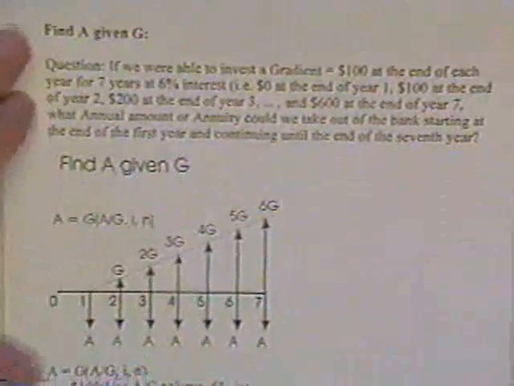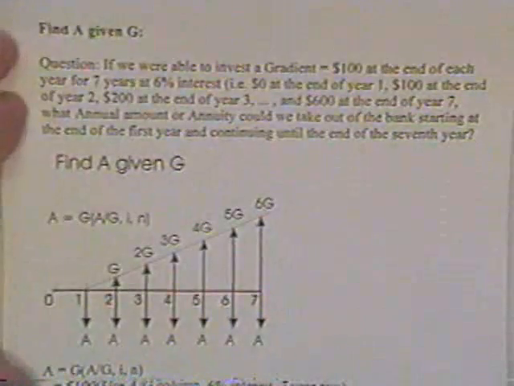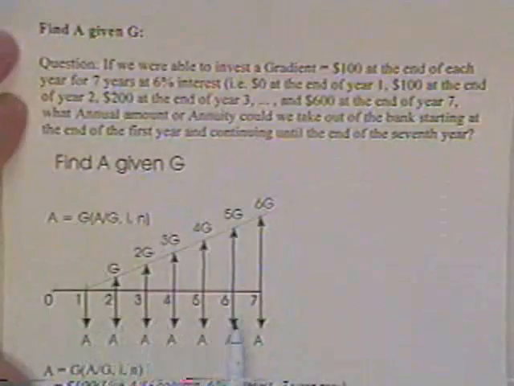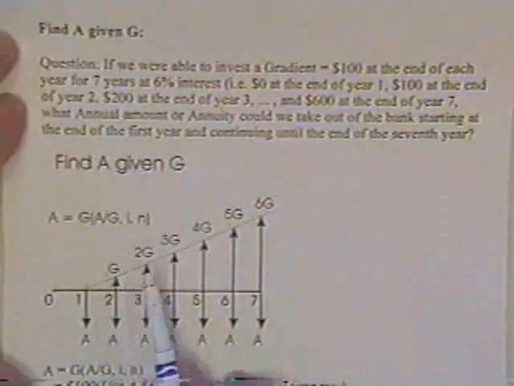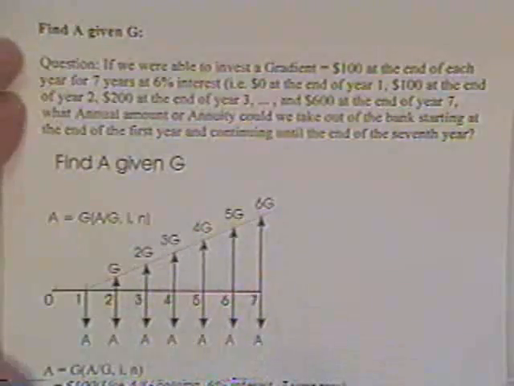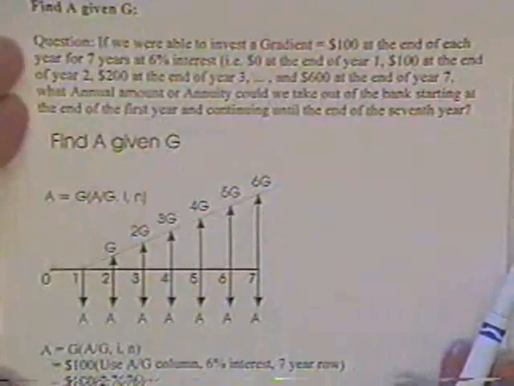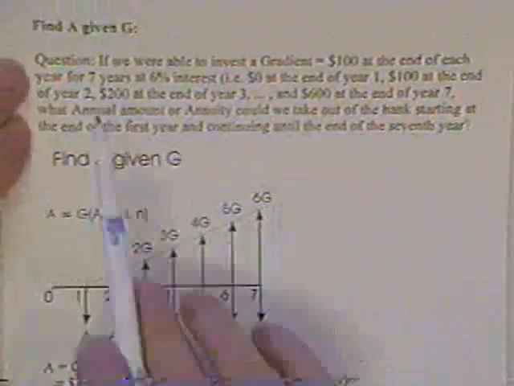All right. Find A given G. In other words, what annuity, when invested on a regular basis, would allow me to extract from the bank a gradient withdrawal pattern? Actually, this works the other way.